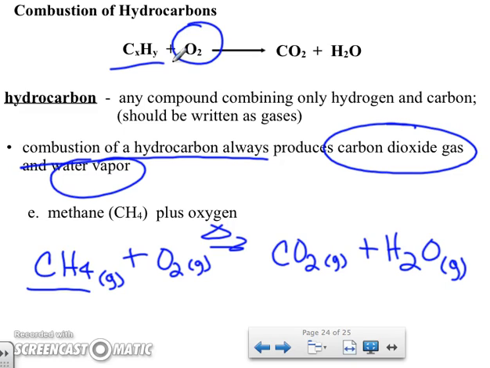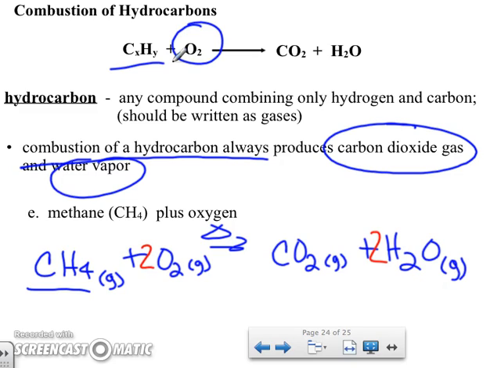And the last thing we need to do is balance this equation. We've got one carbon, we're good. We've got 4 hydrogens. We need a 2 to add 4 hydrogens. And the last thing is the oxygens. 2 and another 2 is 4 on the product side, so a 2 here will balance.